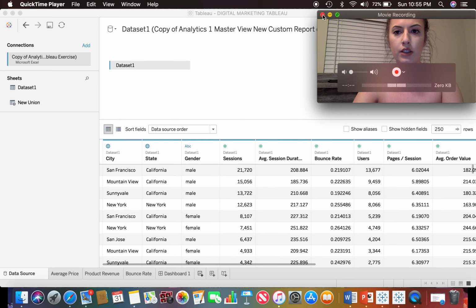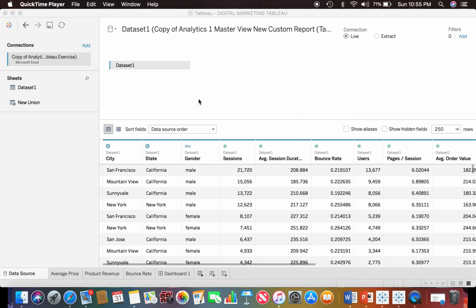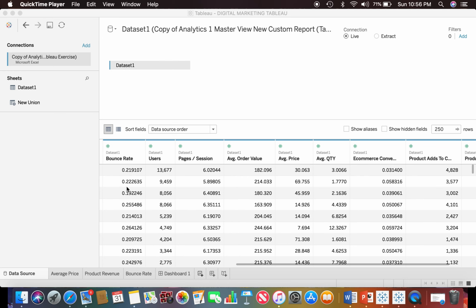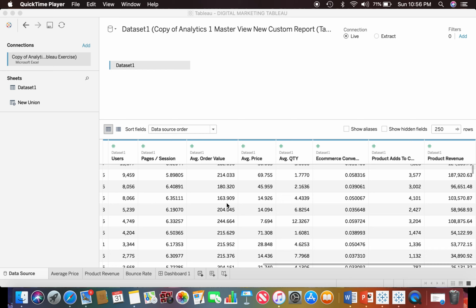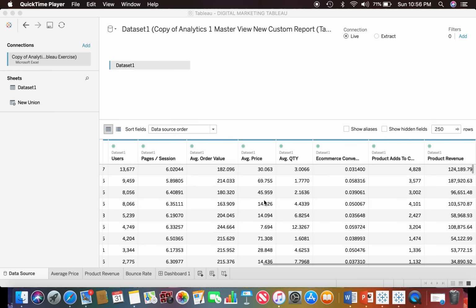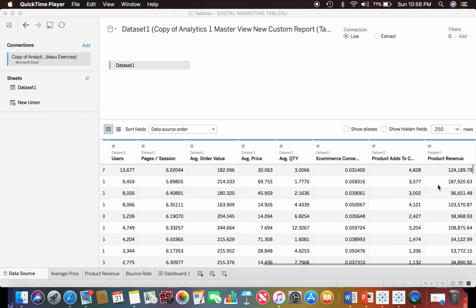So first things first, I'm just going to put myself to the side. It looks like our data set is information occurring through the Google Merchandise Store. This information is taking place for 100 cities across the United States. I found this information very useful because it has a lot of good data.